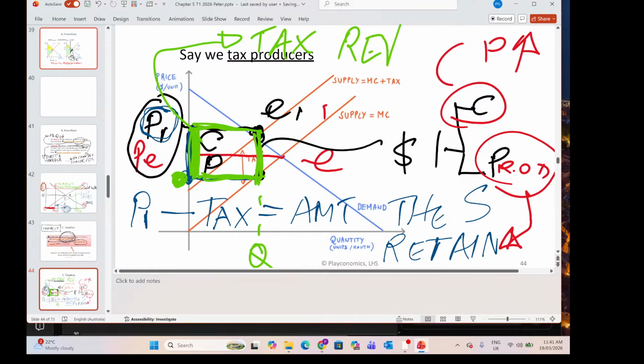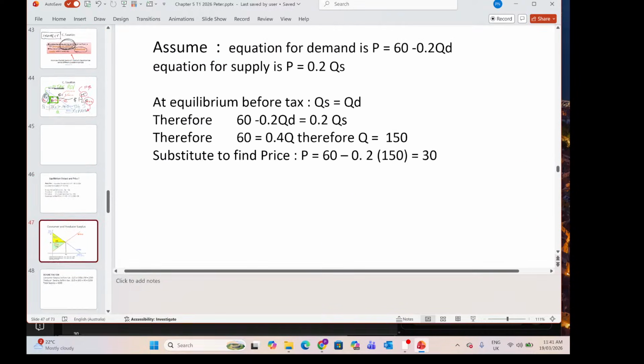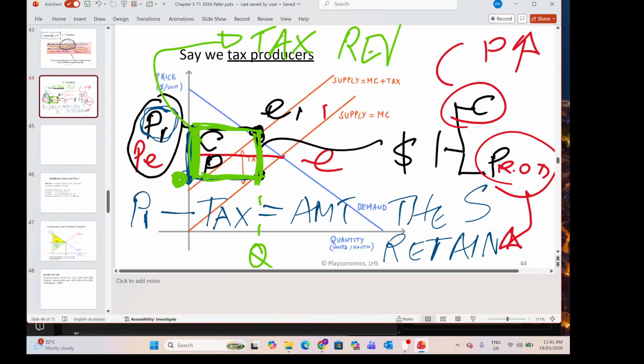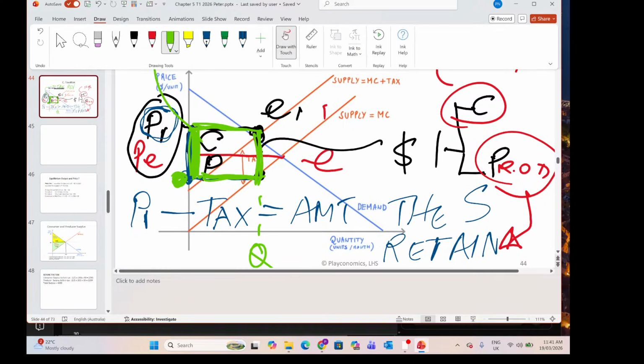So think about this as I spoke to you the other day about imagining that we are slicing up a cake. What have we done when we've sliced up this cake? We made the consumer surplus smaller.